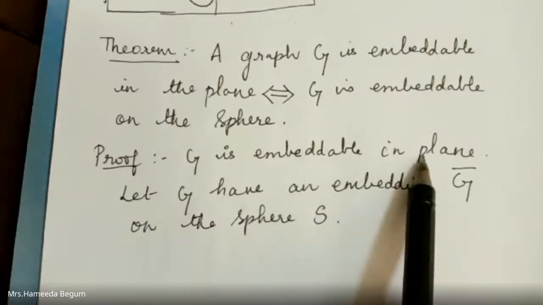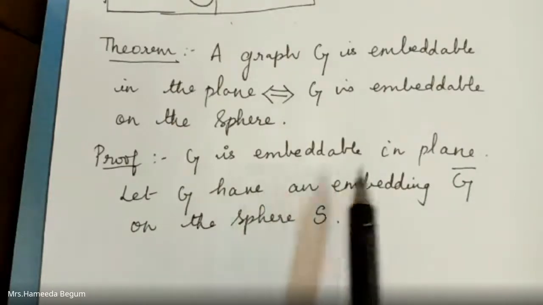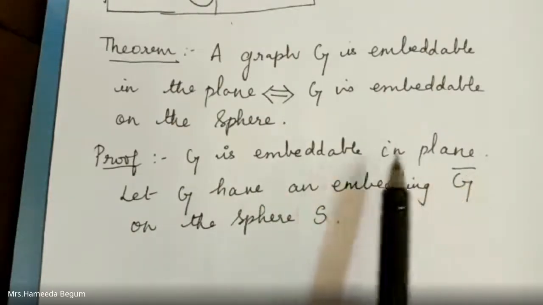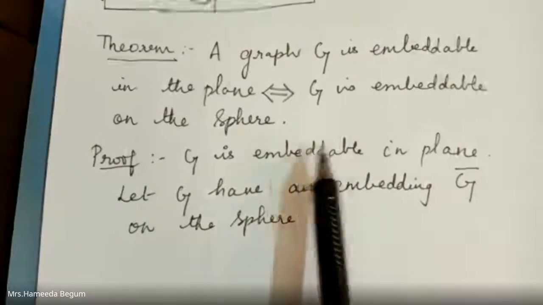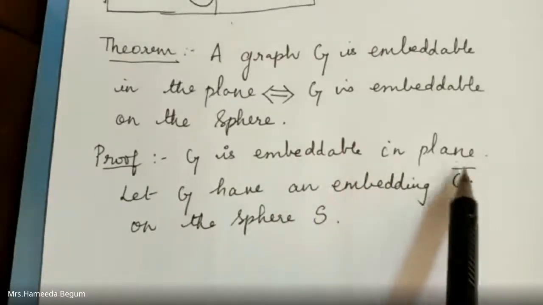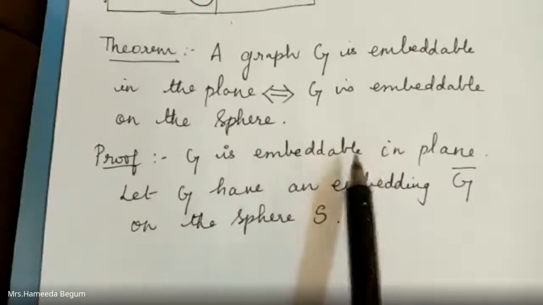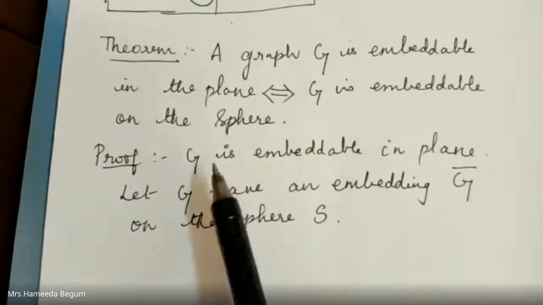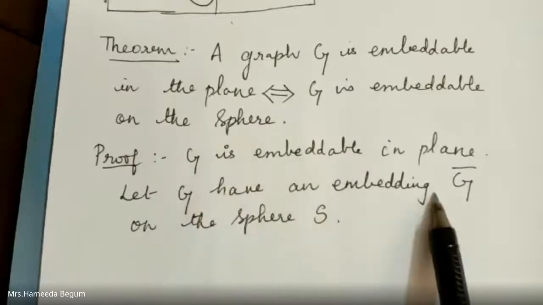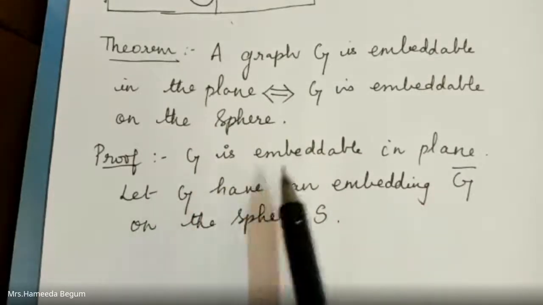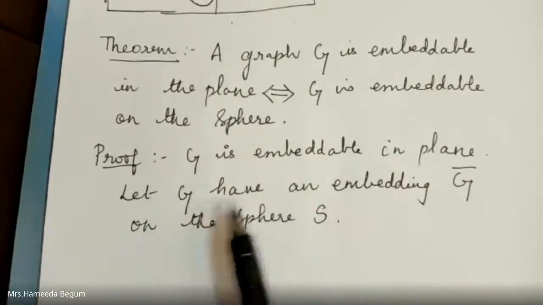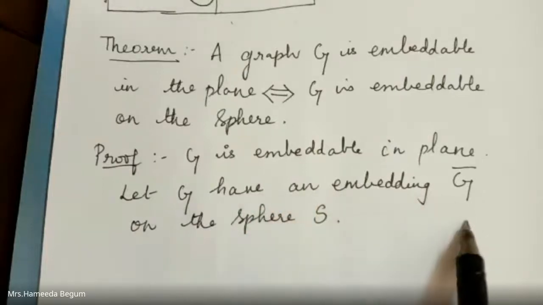Consider a plane and a sphere. Now if G is embeddable in the plane, it will have a graph G bar. G bar is the graph where the adjacent vertices of G will become non-adjacent and the non-adjacent vertices of G will become adjacent.